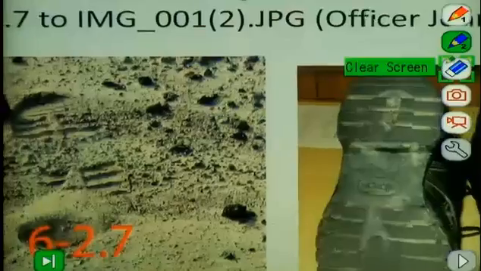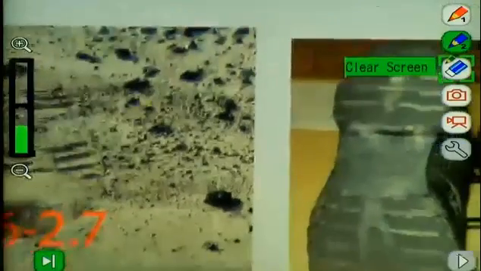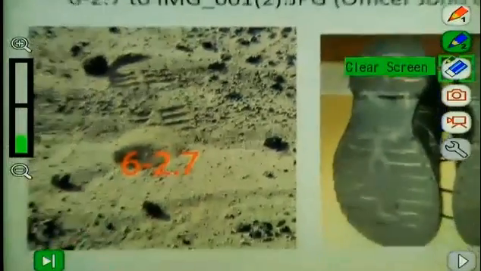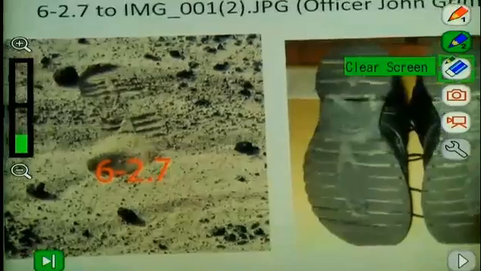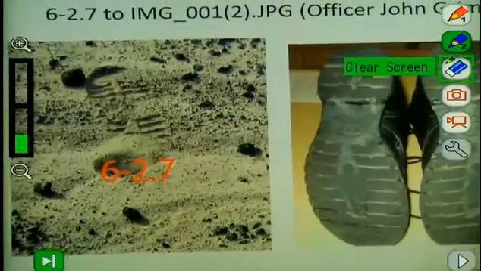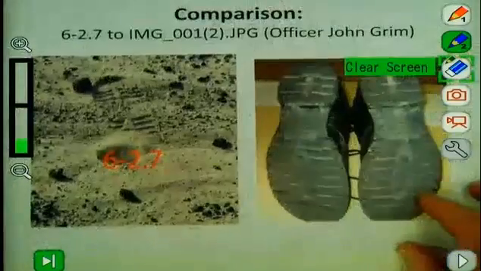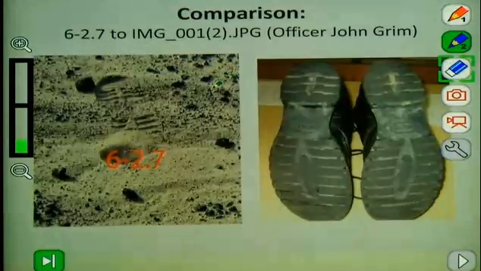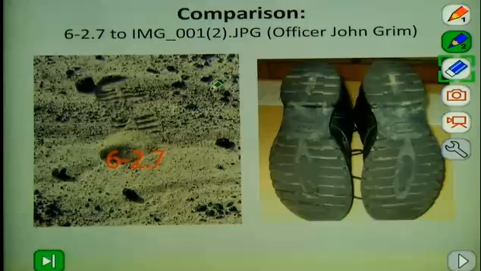I'm just going to show you this next slide. Has that been compared to shoes? Yes, it was. Tell us about that. My opinion was that this footwear impression was caused by the left shoe of either Officer Grimm or Officer Zimmer. It is the general flow of this that's caused me to believe it's a left shoe.